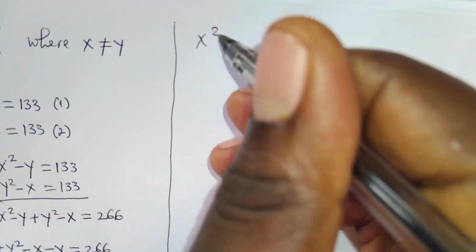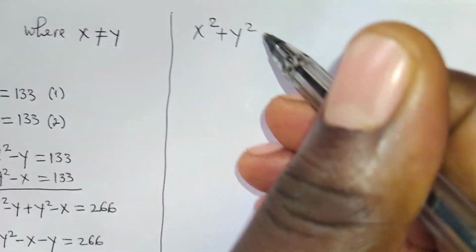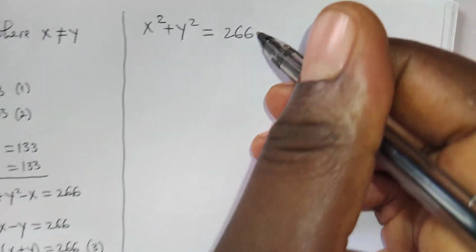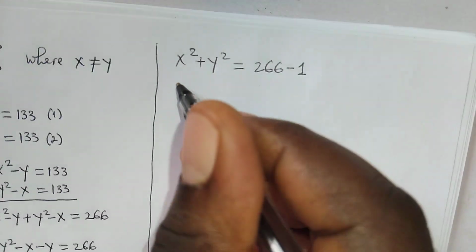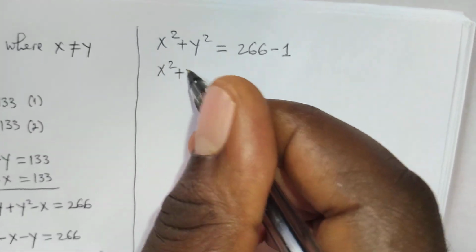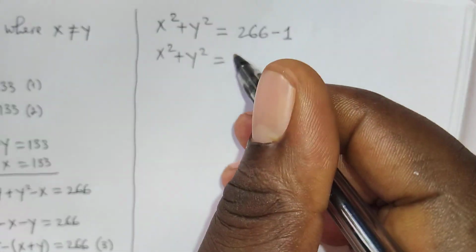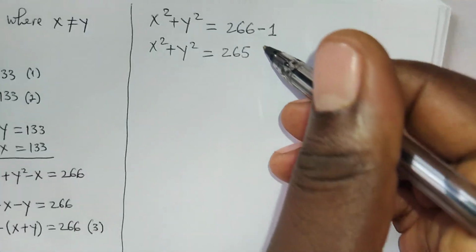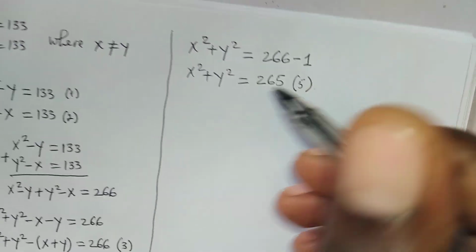So x square plus y square is equal to 266 minus 1. x square plus y square is equal to 265. This is equation 5.